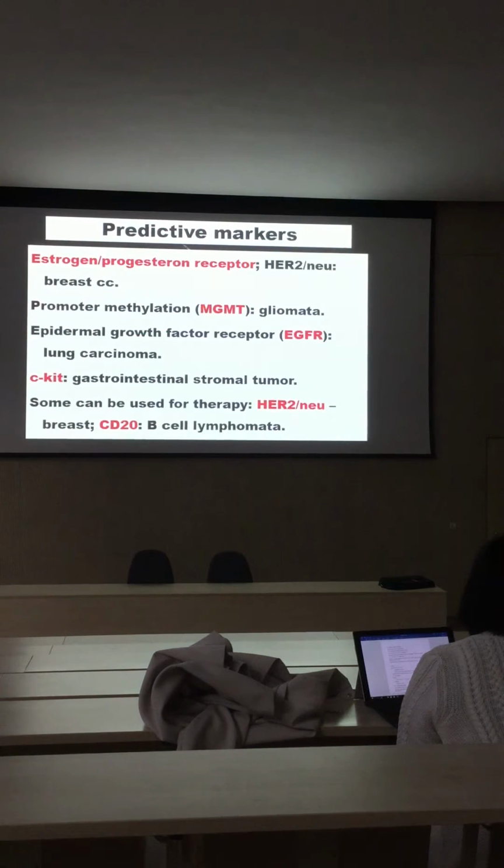And there are a few predictive markers. For instance, estrogen progesterone receptor, or HER2, will allow certain types of hormonal treatments of breast cancer.